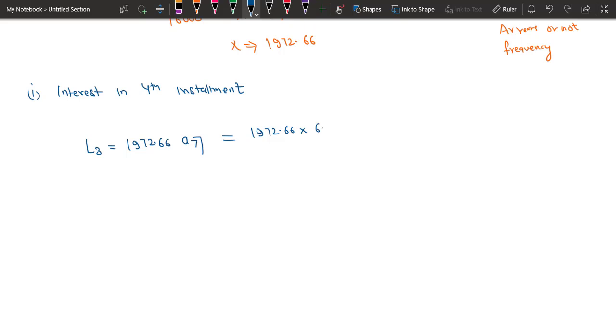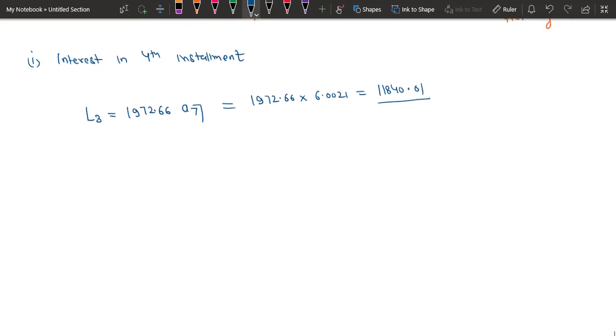If you look at the table, the value will come out to be 6.0021 and your answer will be 11,840. This amount 11,840 is the loan outstanding after the third payment, or you can say this is the amount of loan that still needs to be paid in the coming 7 years.